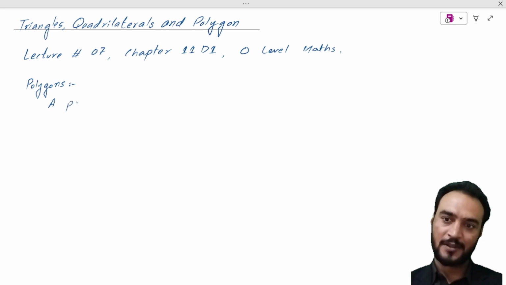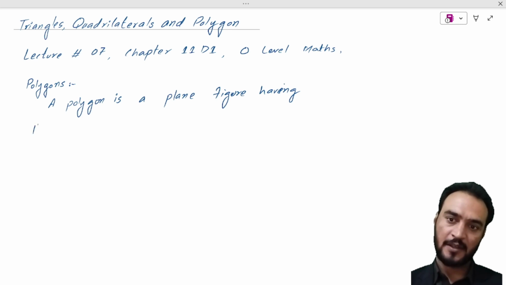A polygon is a plane figure having three or more than three sides.